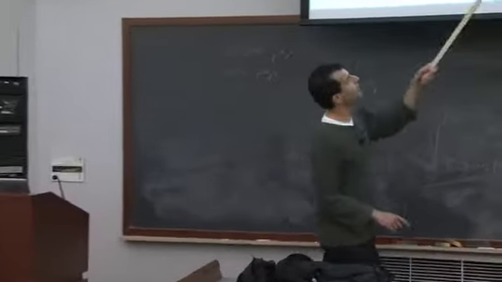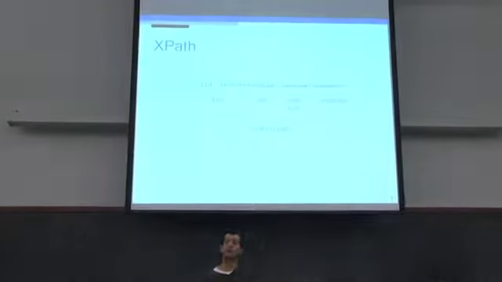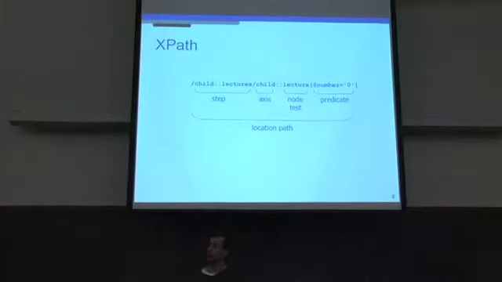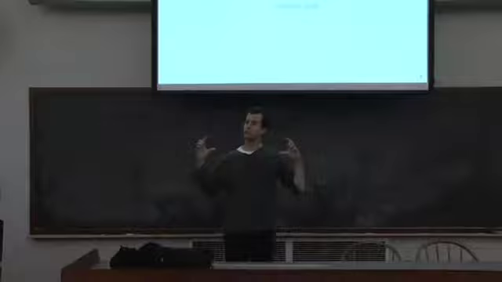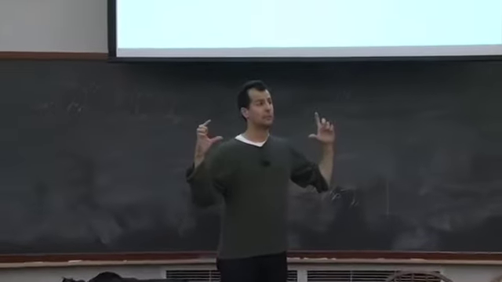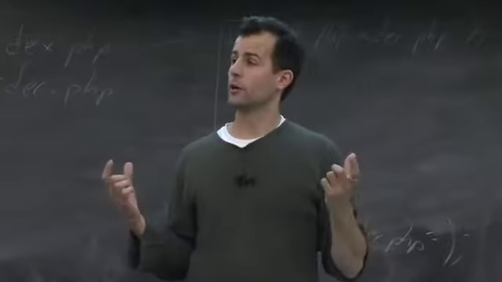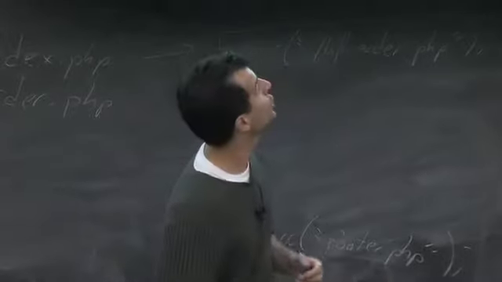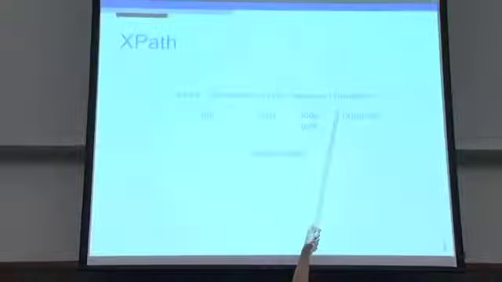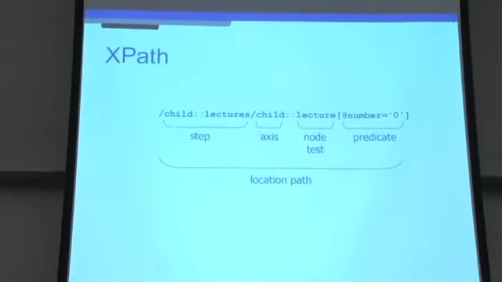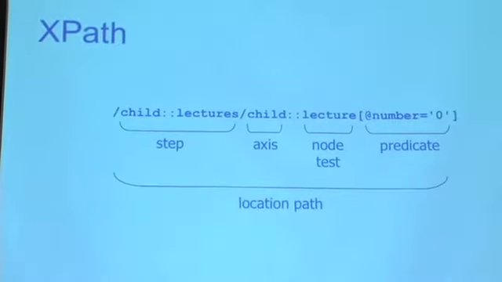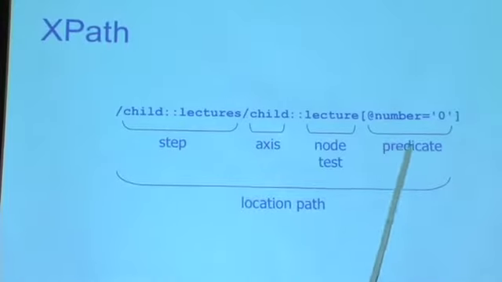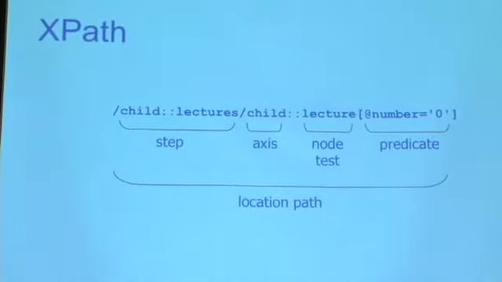And then from there, I say, wait a minute, don't get me all of the lecture elements. Recall that we said briefly last week that the bracket notation denotes a predicate, and a predicate is a filter. It's a Boolean test that says yes or no, include the following nodes. So this test here, as the @ sign suggests, says check for the attribute called number, and if it equals 0, it is a single equal sign.